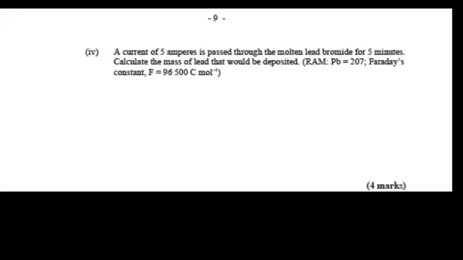All right, so we're going to use the equation that we just wrote, which states that Pb2+ liquid plus 2 moles of electrons gives Pb. From this, we're seeing 2 moles of electrons, and 1 mole of electrons is the same as 1 Faraday, 96,500 coulombs per mole.